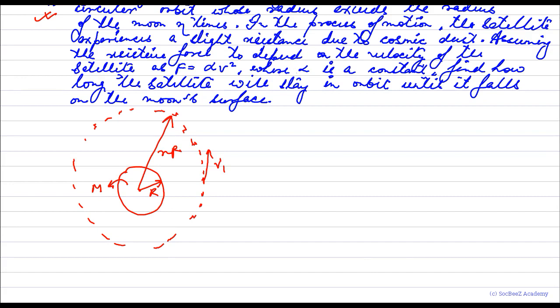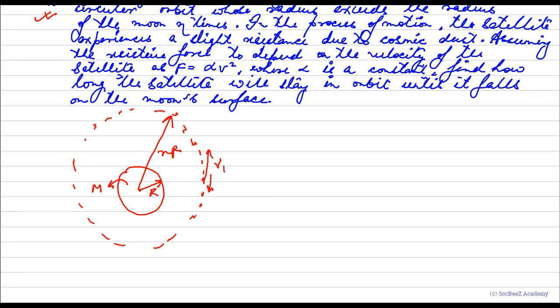Now the drag force is definitely going to be opposed to the velocity. So during the motion of the satellite, it will always tend to move in a circular path, of decreasing radius.